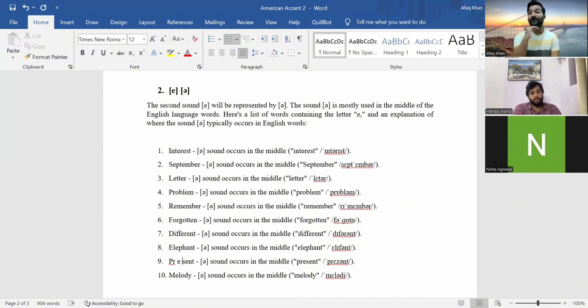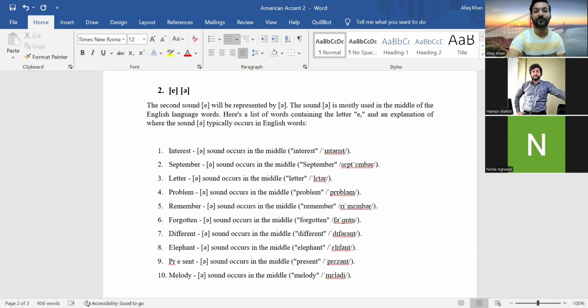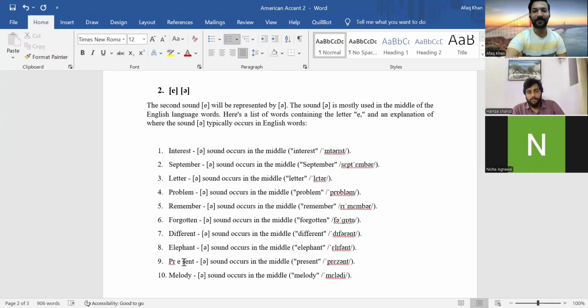That's the first sound of the letter E. It isn't "pre", but "pre": present. The first letter E has got the first sound of the letter E. Not "present", but "present". Okay, good job.